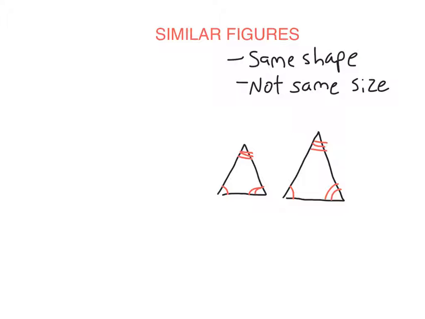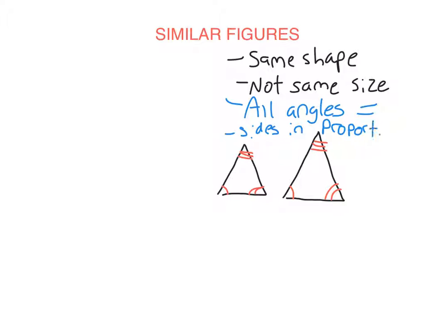In addition to having all angles equal, similar figures have sides in proportion. So what that basically means is every side in the smaller shape, you multiply it by the same number to get the sides in the larger shape.